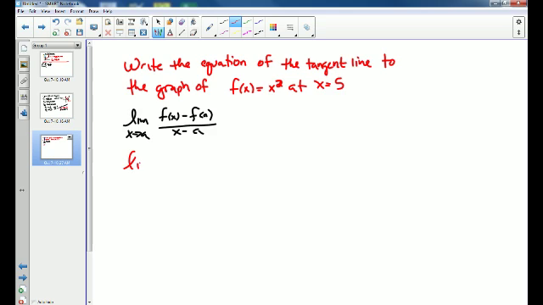So this is what you mean. Yeah. What's our a value? We use those interchangeably quite a bit. Okay. So f of x minus f of 5 over x minus 5.